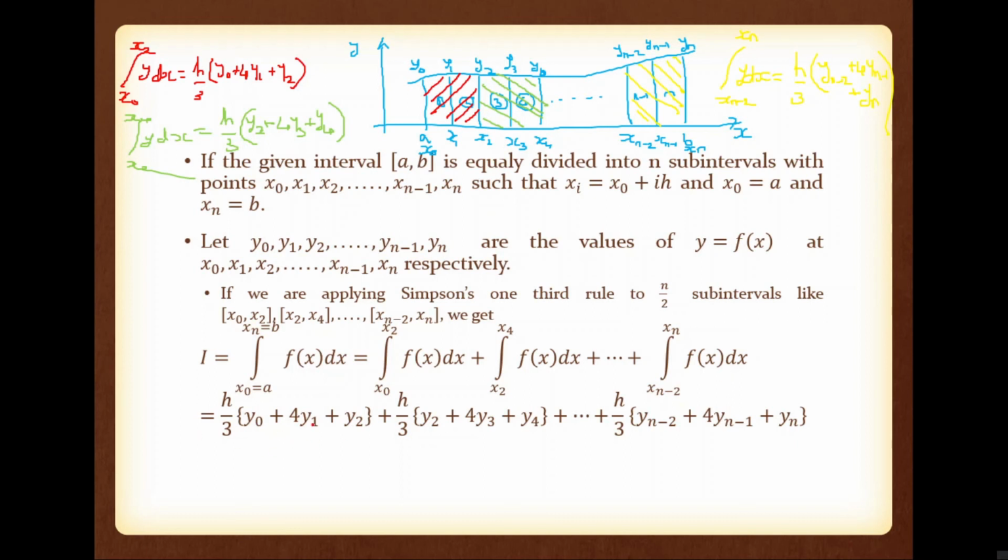That is equal to, what is the first one, h by 3 into y0 plus 4y1 plus y2, which we derived here, plus h by 3 into y2 plus 4y3 plus y4, that is the second one, integral x2 to x4 f of x dx, plus etc., plus the last one, h by 3 into yn minus 2 plus 4yn minus 1 plus yn. Is it okay, all of you?